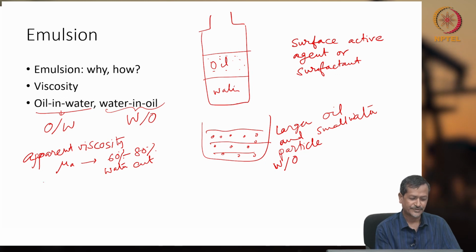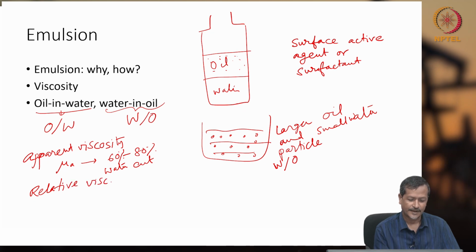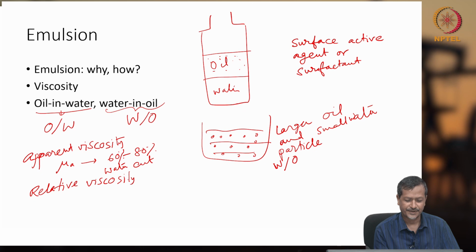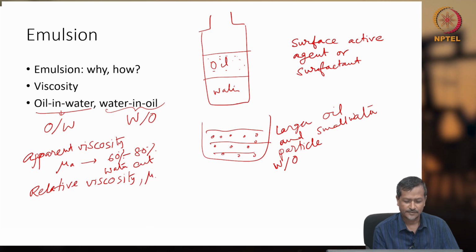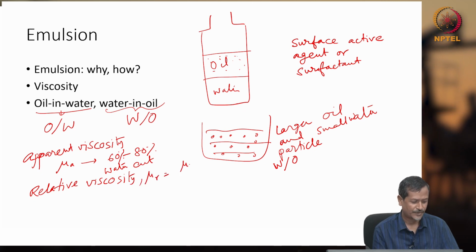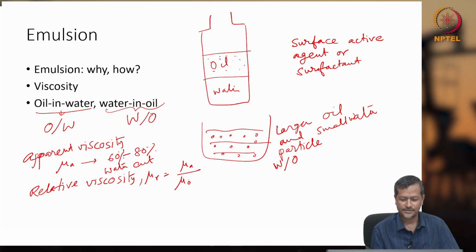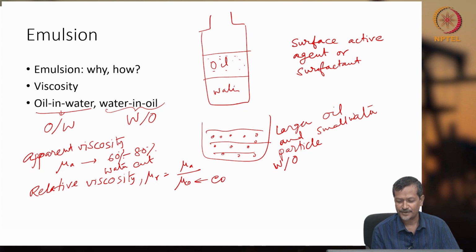So relative viscosity, mu R equals mu A divided by mu CO. CO means continuous phase viscosity.